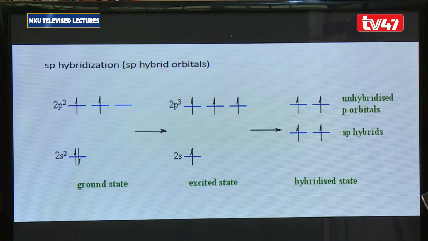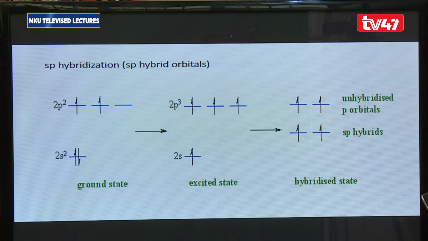The excited state is where one electron moves from the s orbital to the p orbital. Now, what happens is that only one of the p orbitals in sp hybridization will join the s orbital. So in that case, the hybridization will involve one s orbital and one p orbital, and that is why it's referred to as sp.